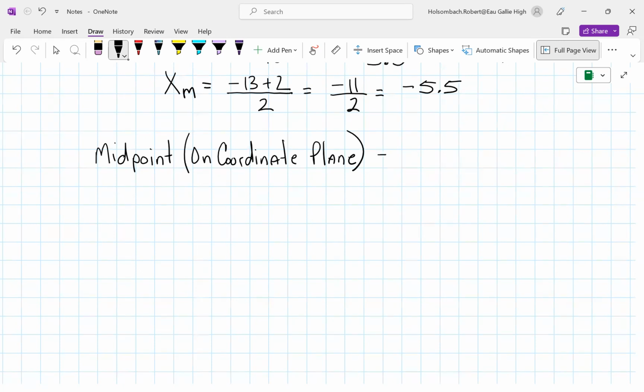So you take your x sub 1 plus your x sub 2. Take the two x values, you add them together, you divide it by 2. And then you take your two y values, y sub 1 plus y sub 2. You divide it by 2. And that will give you the coordinates of the midpoint.